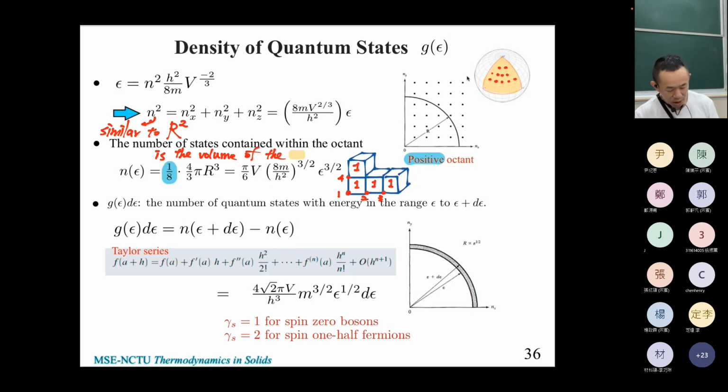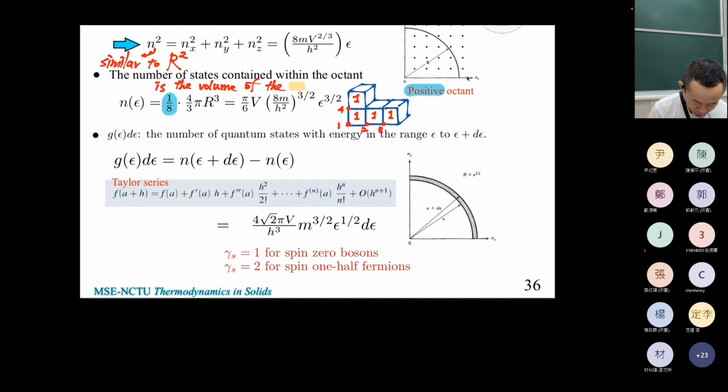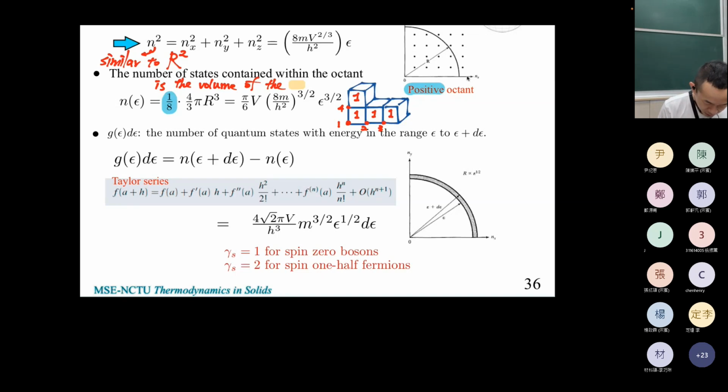When you subtract them, you get the volume minus volume, so you get the volume of the little thin film, which means the degeneracy available at that energy level. Okay, so a little bit complicated, but I try my best to share it with you.